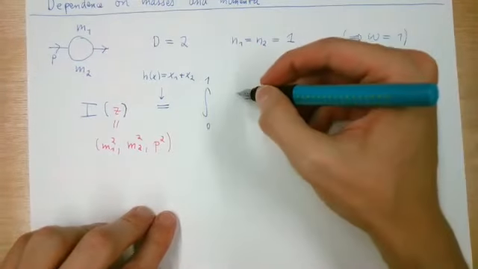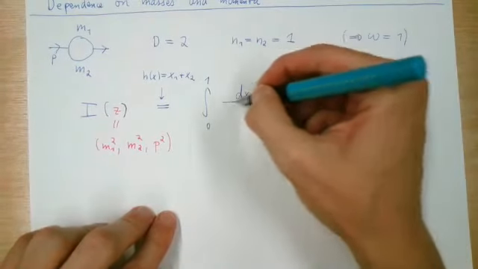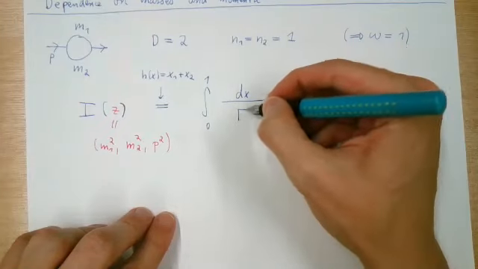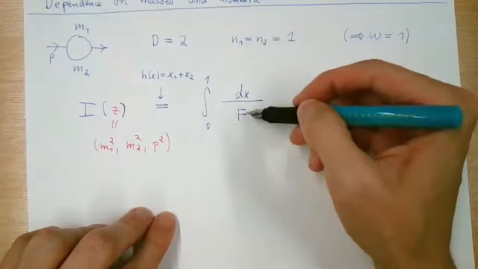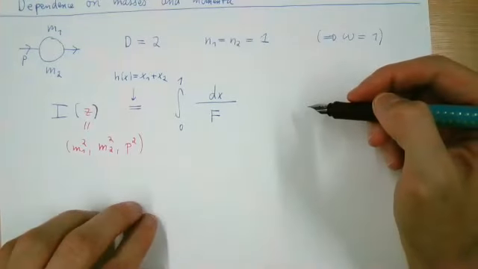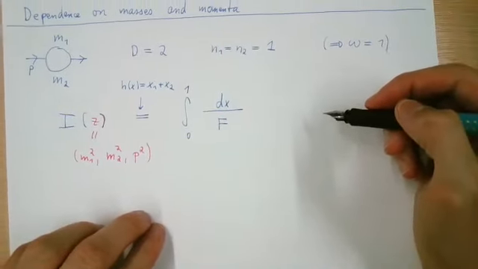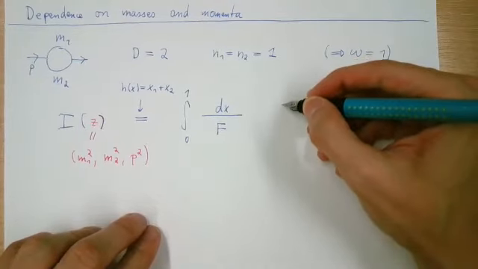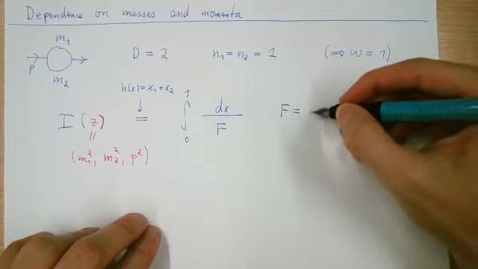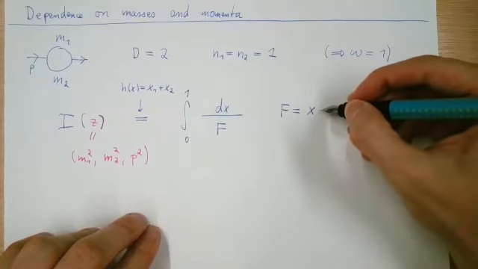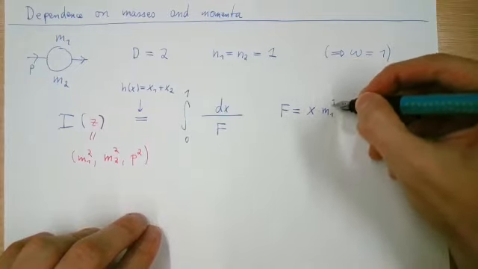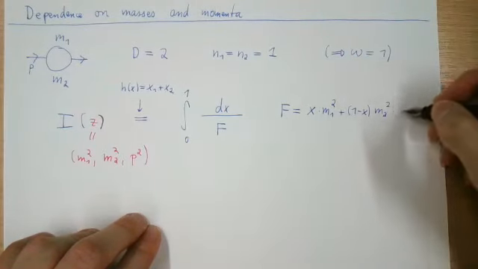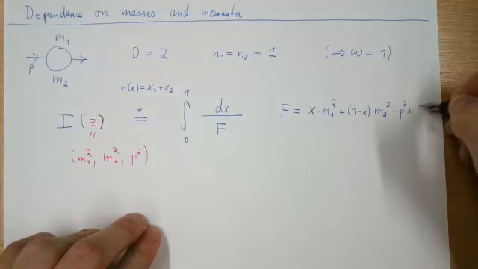If you work out how the delta distribution works, it turns out it's just a single integral of dx over f, where f is the second graph polynomial. So the first graph polynomial actually doesn't play a role in this case. In this f, you can write it down: it's x times m1 squared plus 1 minus x times m2 squared minus p squared x times 1 minus x.